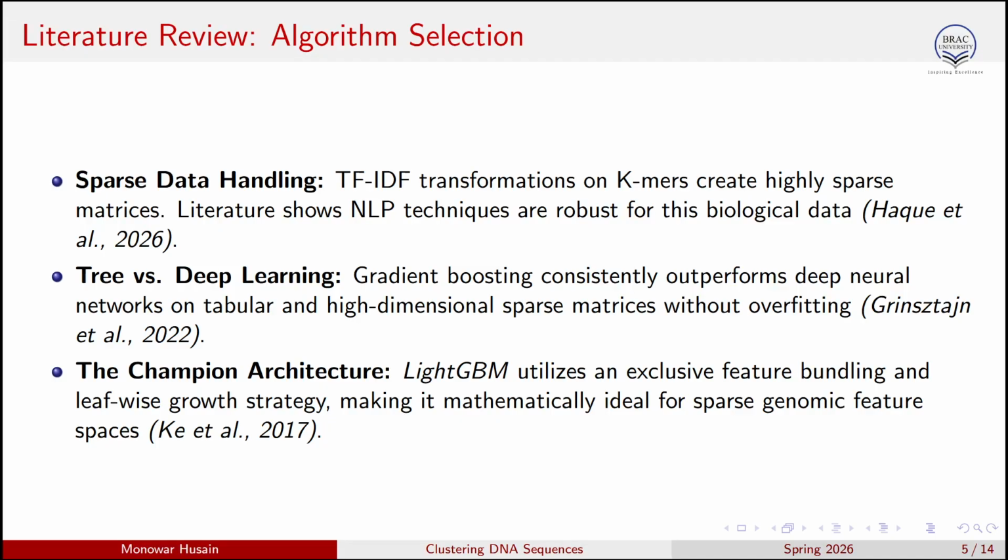They proved that gradient boosting consistently outperformed deep neural networks on tabular and high-dimensional sparse matrices. Deep learning just gets lost in all the empty spaces. Because of this, my champion architecture choice was LightGBM. LightGBM uses exclusive feature bundling and leaf-wise growth strategy, making it mathematically ideal for navigating sparse genomic spaces without overfitting.